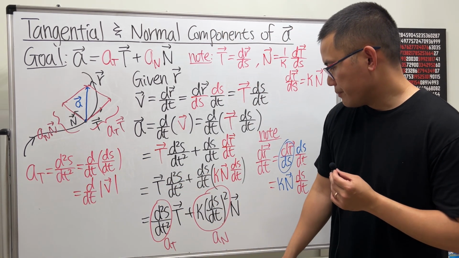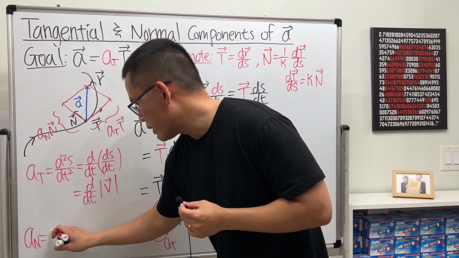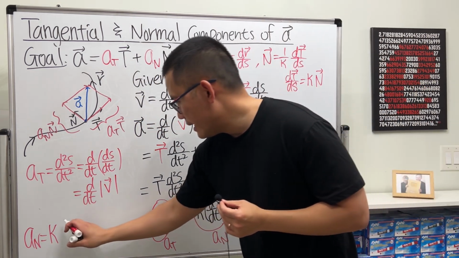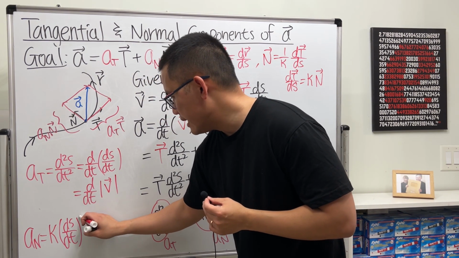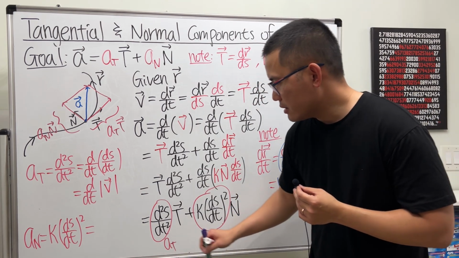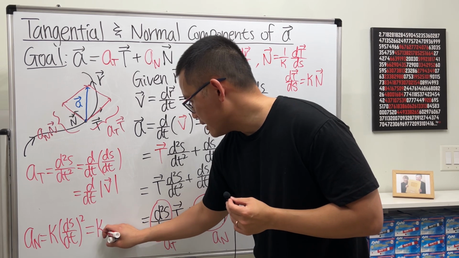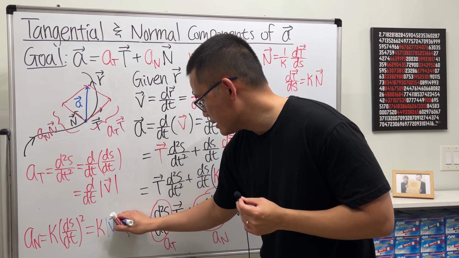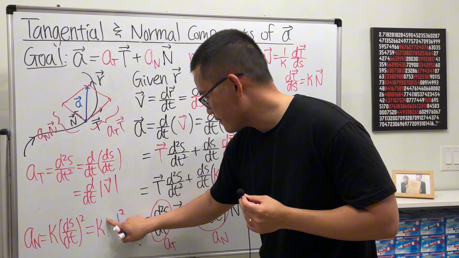And then secondly, to find AN, it looks like we need the curvature kappa first, and then we multiply by ds/dt, and then square that. But ds/dt is the speed, so I can write that as kappa times the speed, and then we square that.